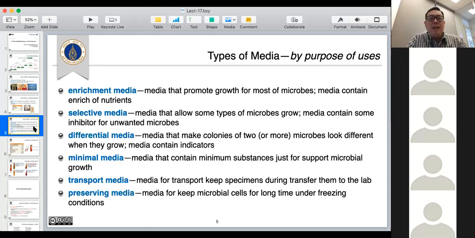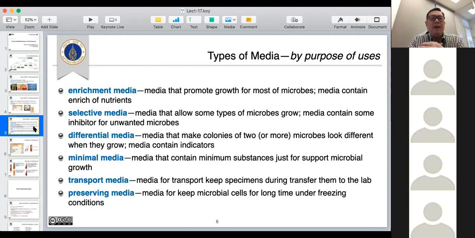Selective media contain inhibitors of some bacteria, letting the bacteria you want to see grow while inhibiting the others. Differential media allow wanted and unwanted bacteria to grow, but show different colors or appearances.